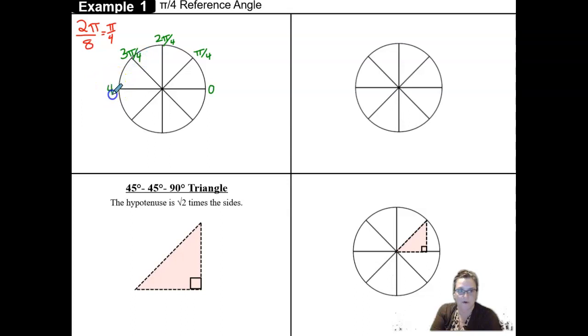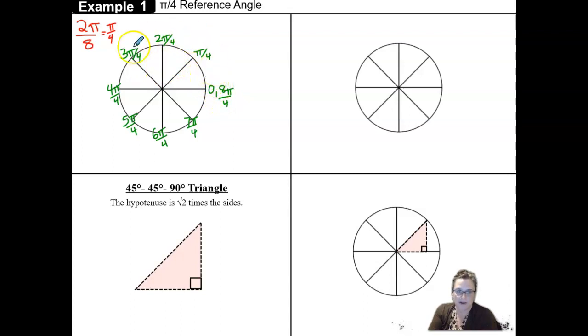Then 4 pi over 4, which reduces to pi. 5 pi over 4. 6 pi over 4, which reduces to 3 pi over 2. 7 pi over 4. And then 8 pi over 4 is 1 full revolution, and that reduces to 2 pi.